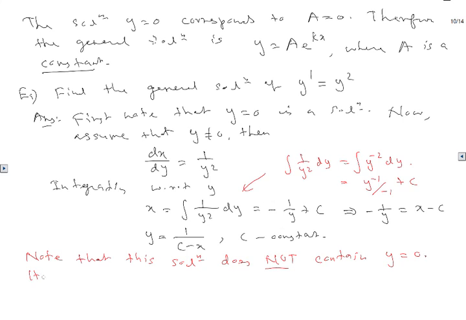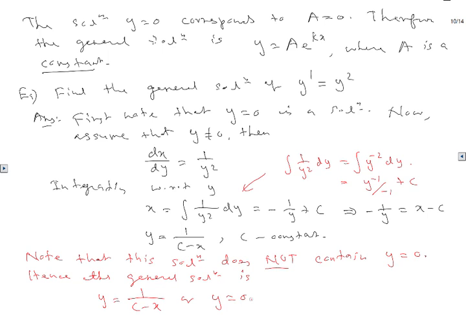Hence the general solution is y equal 1 over c minus x or y equals 0.